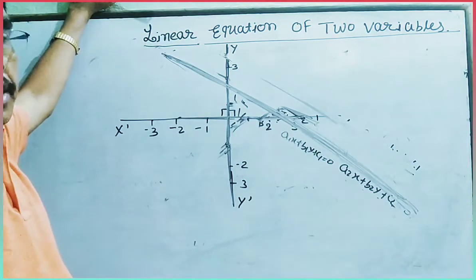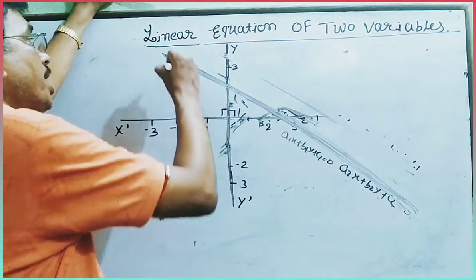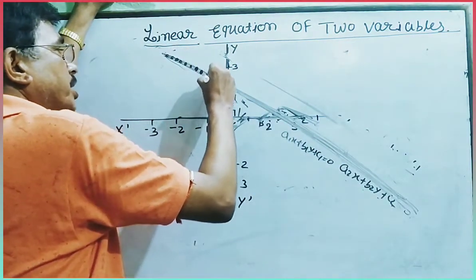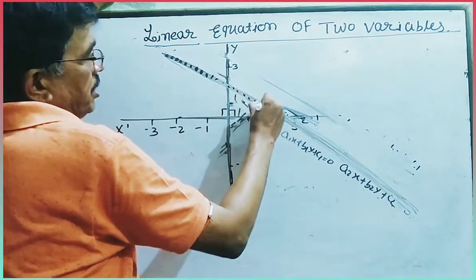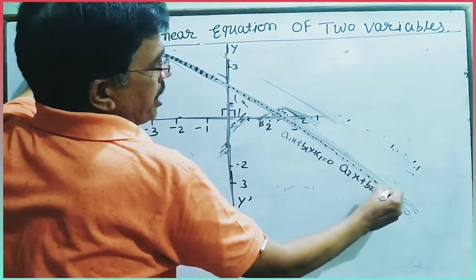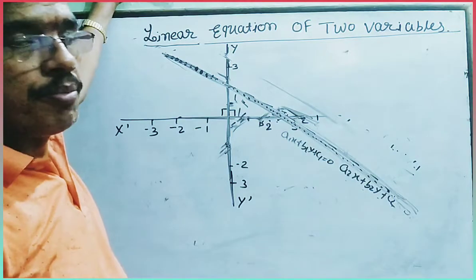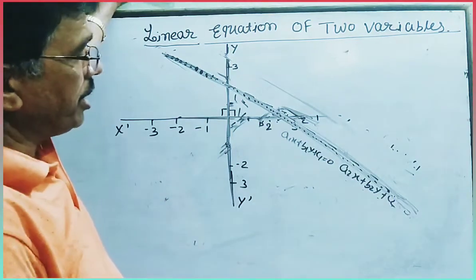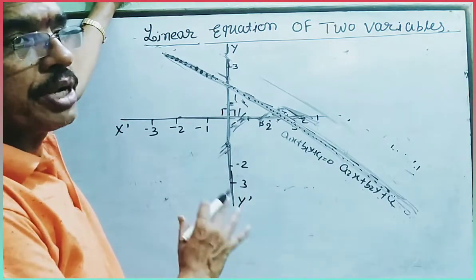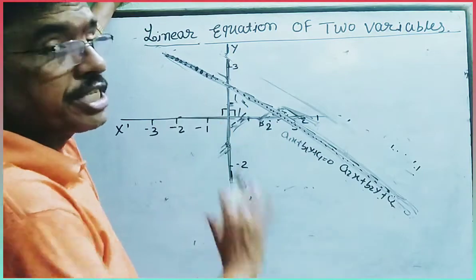Then this is called many solutions. That means there are so many points on the graph that satisfy both equations. So we cannot find how many. There are infinitely many solutions that satisfy the equations. So it has more than one solution and this graph is called many solutions, and both lines of the graph overlap each other. So it is called consistent.